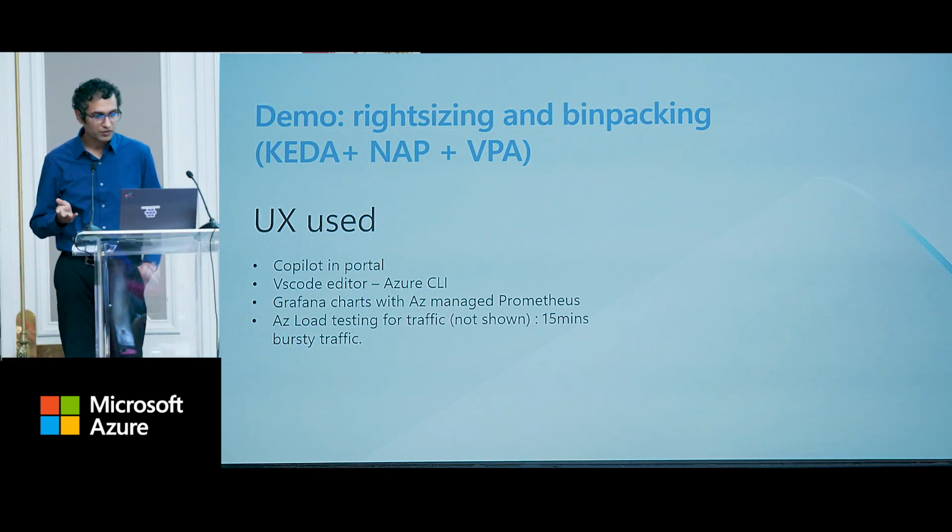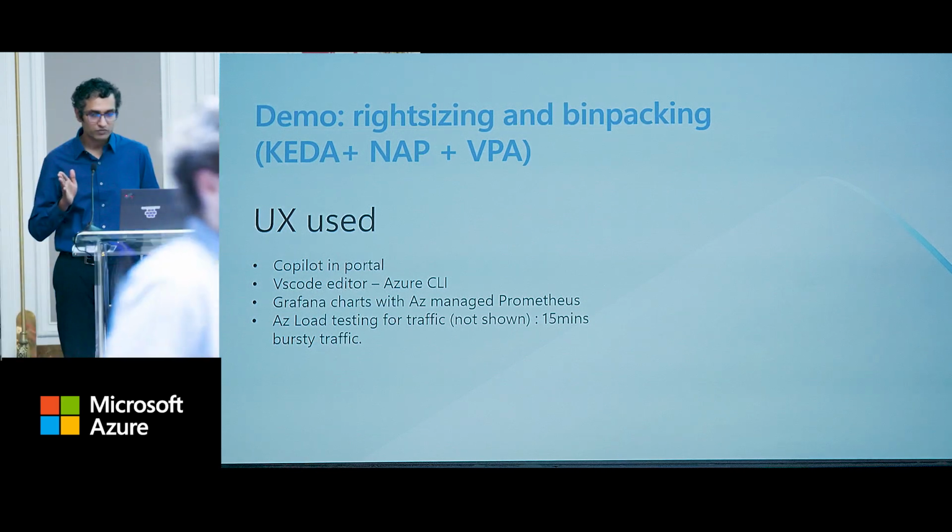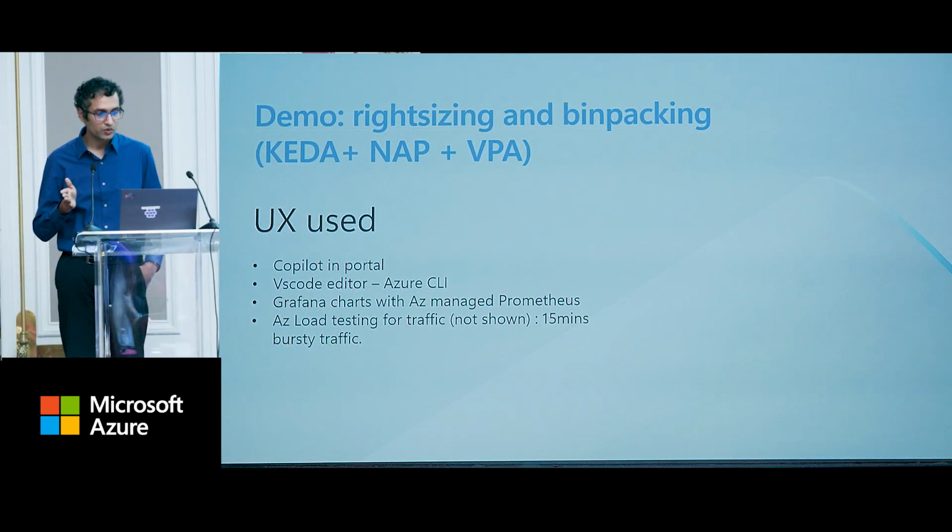So we'll start off with Copilot, just to bring some prompts along and see for some common questions around scalers, how it answers using Azure portal Copilot. In the demo, I'll be switching between VS Code editor using Azure CLI. You saw Aritra showcase some of our Grafana charts.